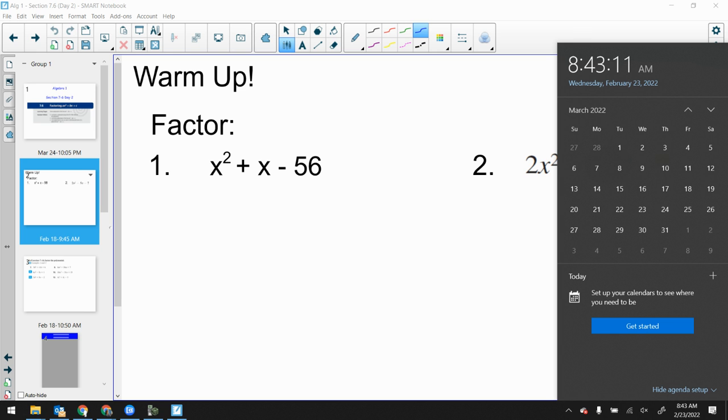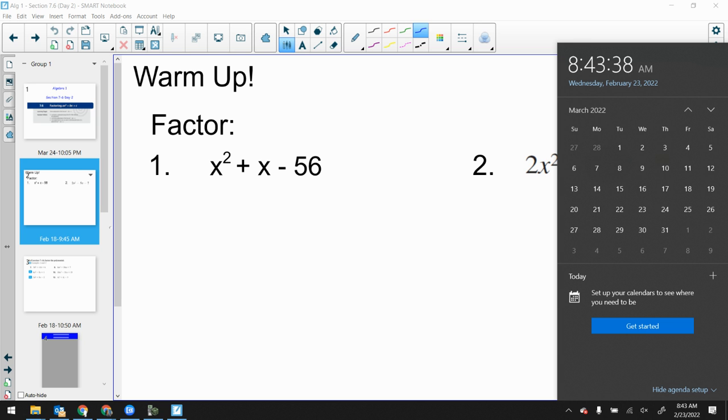That means this quiz that we have on Tuesday is the last summative assessment of the third 9 weeks.